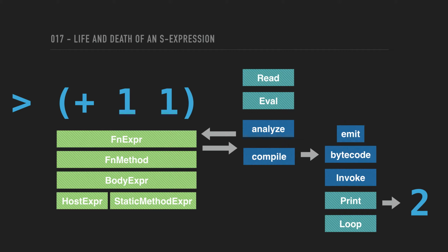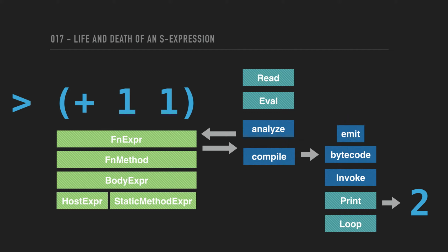So the output of the compilation phase is, in this case, a compiled class, a bytecode class, and each of the expressions can tweak the class by adding instance variables, static methods, and so on and so forth, depending on the form that Clojure is interpreting.